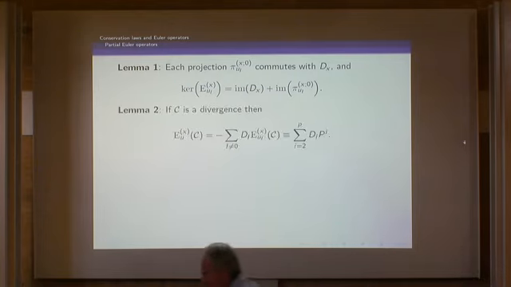The second lemma comes in two parts. The first part is just a restatement of that identity I wrote on the previous page, linking the standard Euler operator with this one. And that is, if I apply the Euler operator to a divergence C, I get 0.